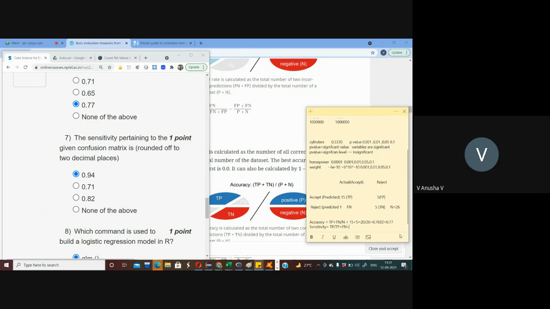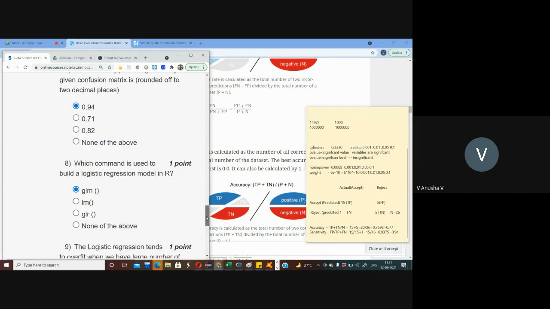So what is true positive here? 15 by 15 plus false negative is 1. 15 by 16. That will give us approximately 0.9375. I am rounding off to 2 decimals. Then I will be getting 0.94. So that's your first option.